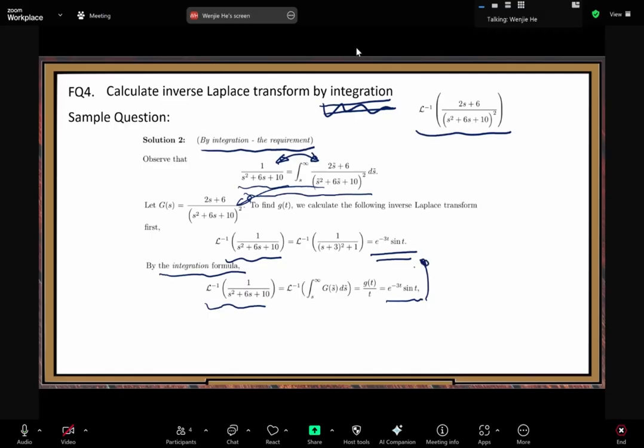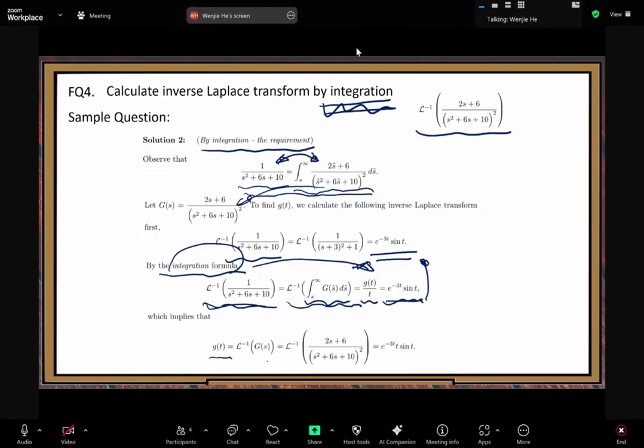Going back to this side, there is an inverse Laplace transform of the integral form. By this integration formula, we should use little g(t) divided by t, but we know the result from this one. That means we can calculate g(t) from this equation. So that is this.